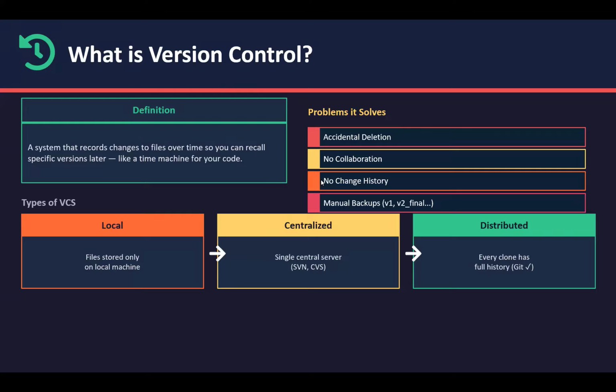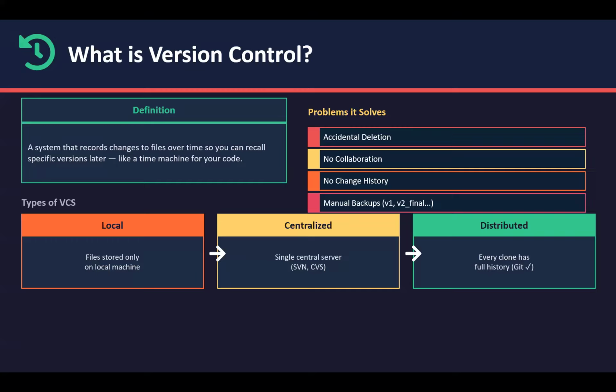Now, what problems does it solve? Accidental deletion: since it records everything, if something gets deleted, you can get it back, because everything is present in the history. Next is collaboration, in the sense that no one is allowed to change the main code directly.